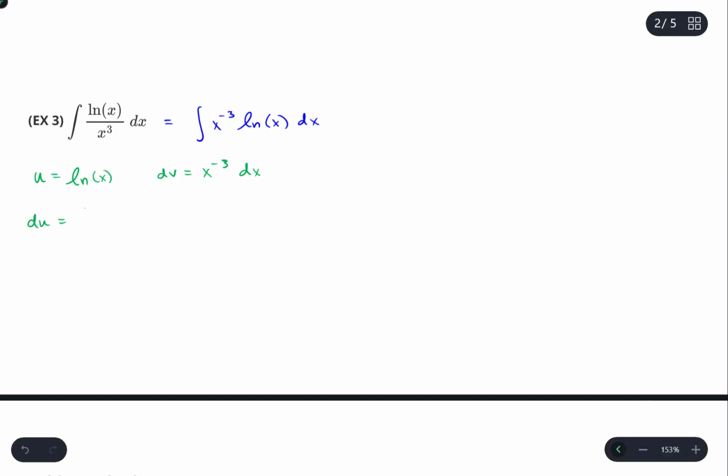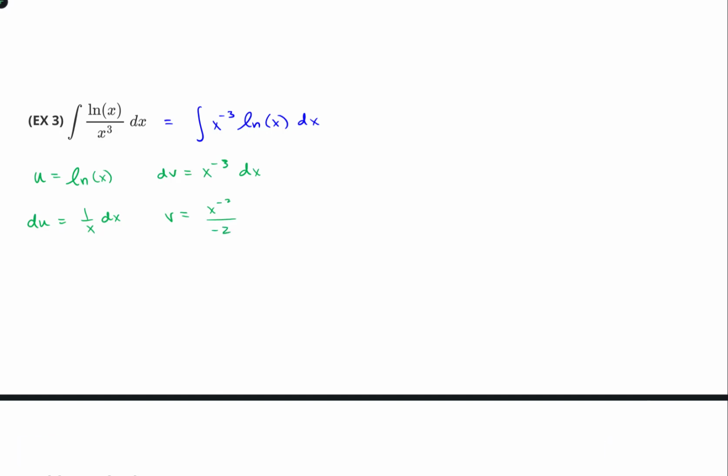The derivative of u will be 1 over x dx, and then the integral of dv would give me v equals the integral of x to the negative third, so we would add 1 to our exponent, so that's x to the negative second, and then divide by negative 2, the new exponent, that is.